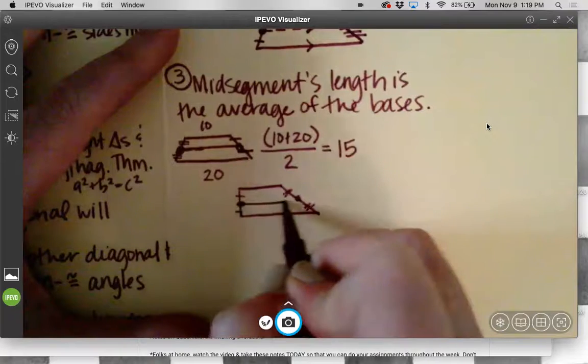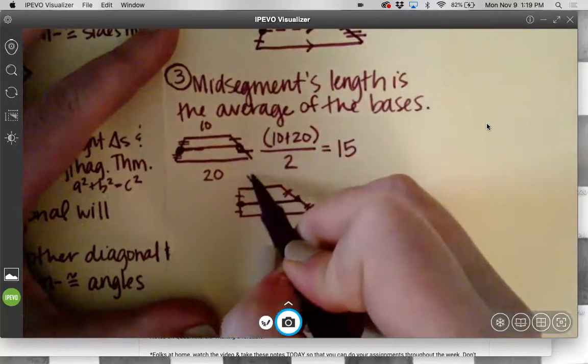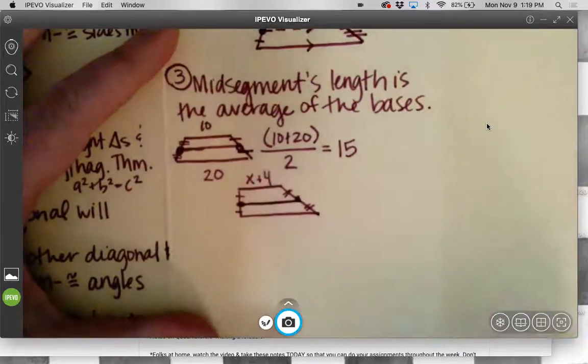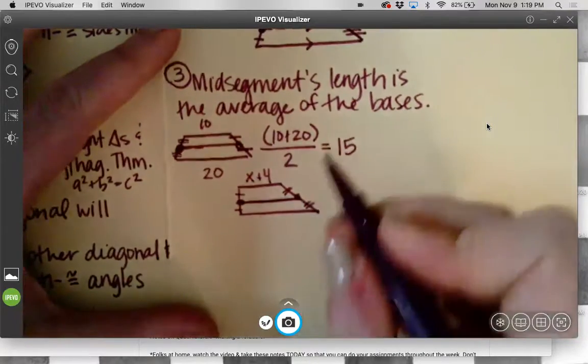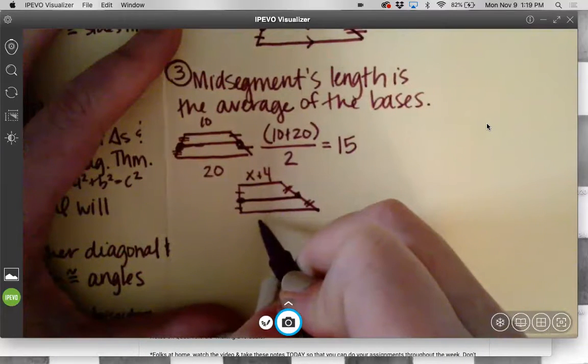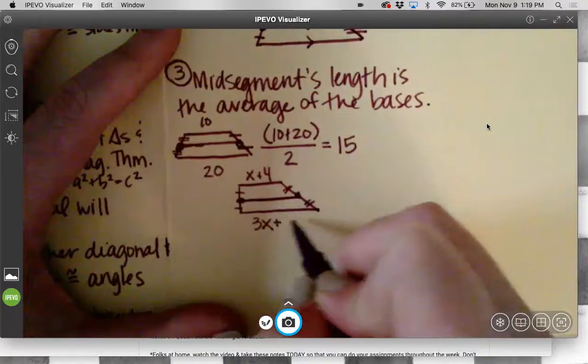Okay, there's another mid-segment. Let's say that this is x plus 4. And down here is 3x plus 12.